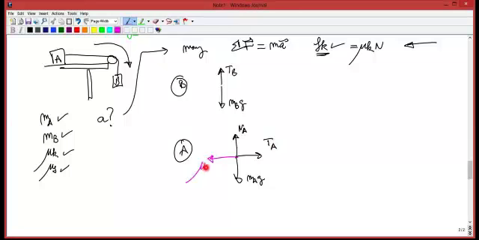And I'm going to put mu k N directly, so I don't have to introduce another equation. That's it. That's the only new thing. Here again, we use the fact that the mass of the pulley is not given, therefore our pulley is massless. Therefore, as we use Newton's third law and the property of the pulley, done.